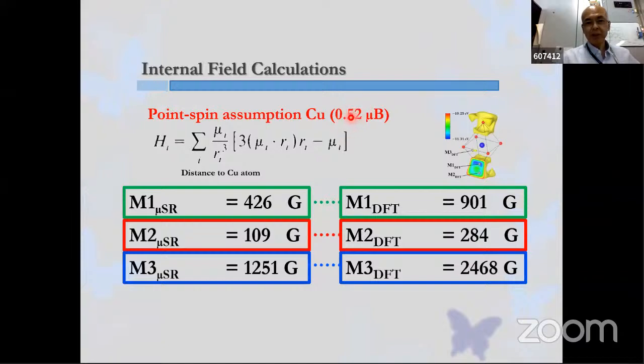Of course, if we could reduce this value to half, like 0.25 μB, then we could simulate the MuSR data even by using DFT. But 0.25 μB is not allowed from the viewpoint of neutron scattering data, so we have to use 0.5 μB. That means the DFT and dipole-dipole assumption is not good enough.